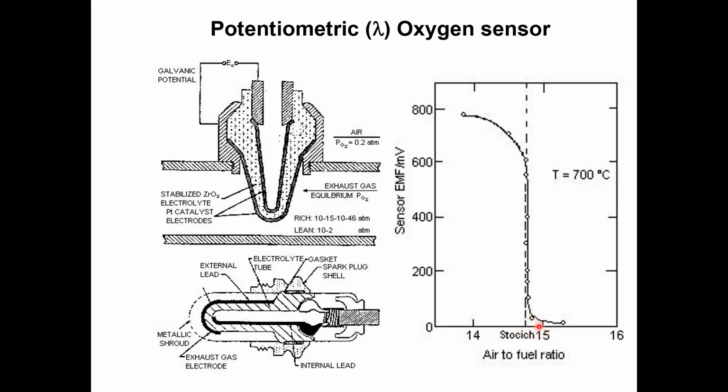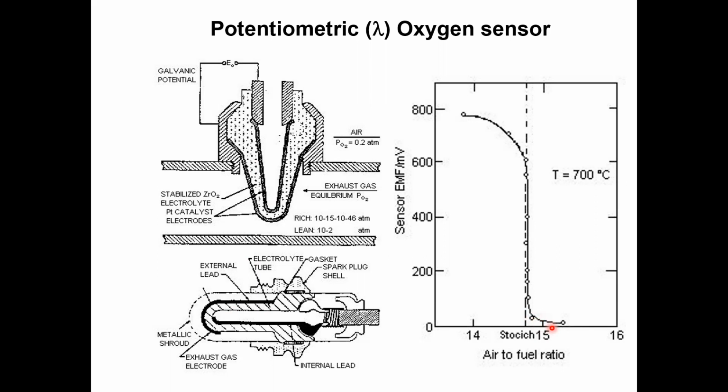So if the mixing ratio drifts slightly to the right or slightly to the left, the sensor immediately recognizes that it's drifted. And you can see the shape of the signal looks like a Greek letter lambda, and hence this is known as the so-called lambda sensor. And this works like a switch because of the huge difference in the signal as the mixing ratio slightly deviates to the right or to the left.